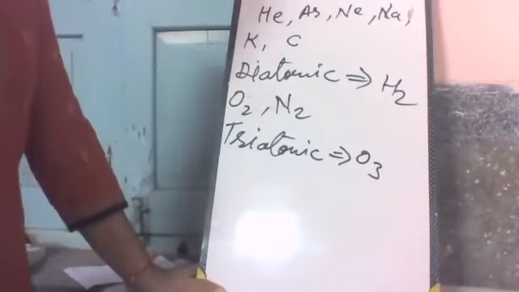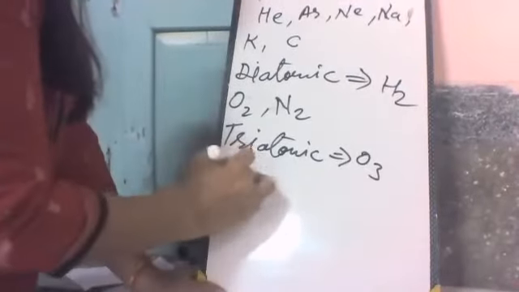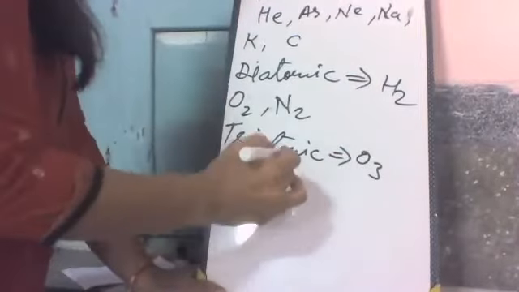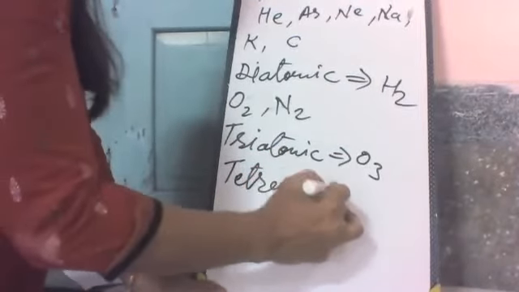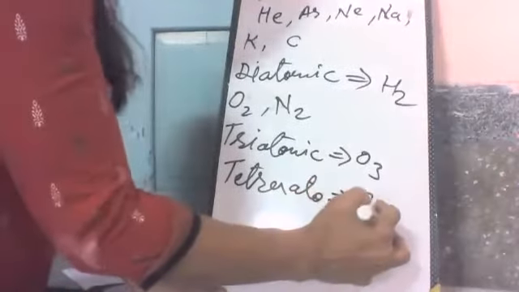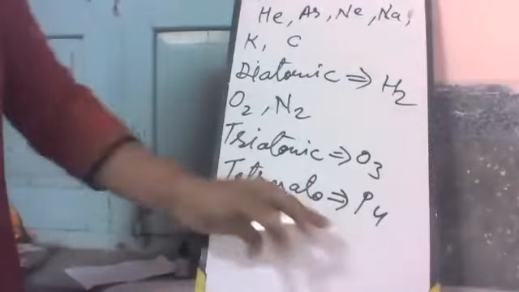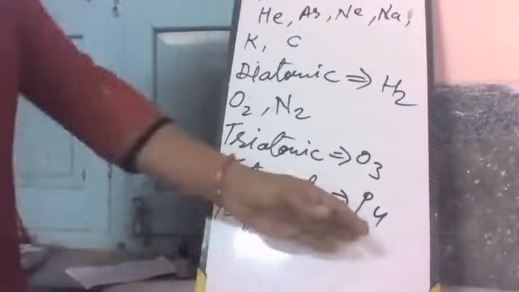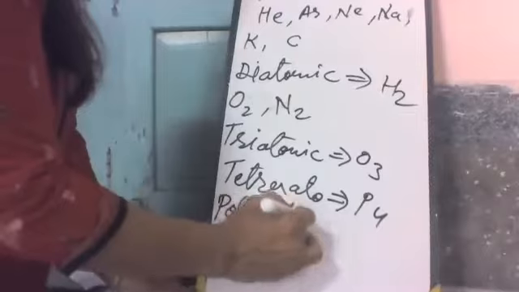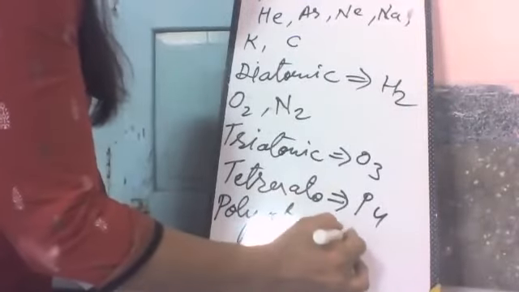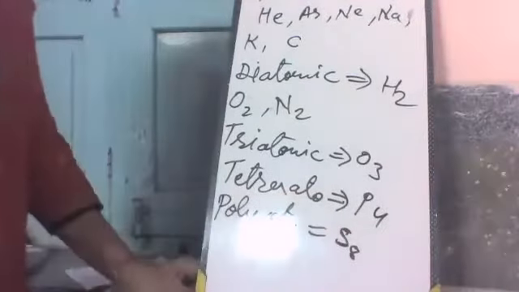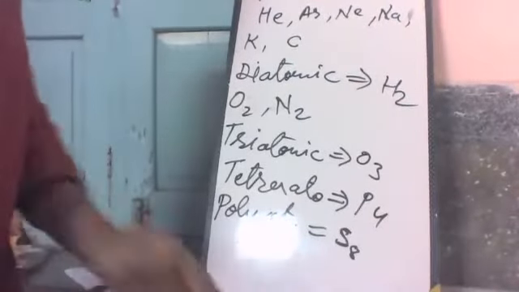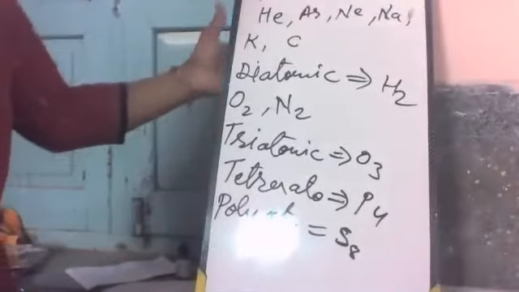Then tetraatomic, having four atoms in their molecule. It is P4, phosphorus. Then polyatomic, having more than four atoms, like sulfur. Sulfur has 8 atoms in its molecule. This is all about the atoms present in a molecule.